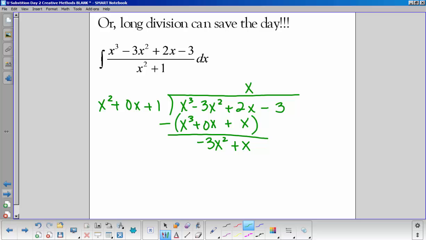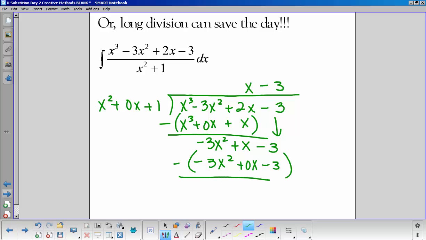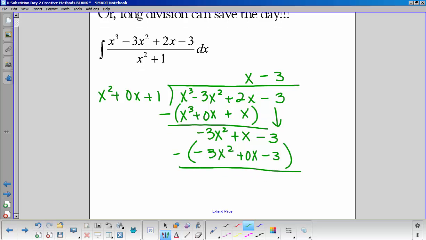And then I have 3 terms on the divisor, right? And I can bring down the negative 3. So I have 3 terms. Then I multiply this x squared on the outside here by negative 3. And then I get negative 3x squared plus 0x minus 3. But I am subtracting. And the first two cancel out.